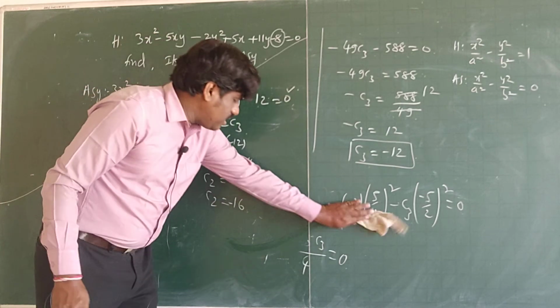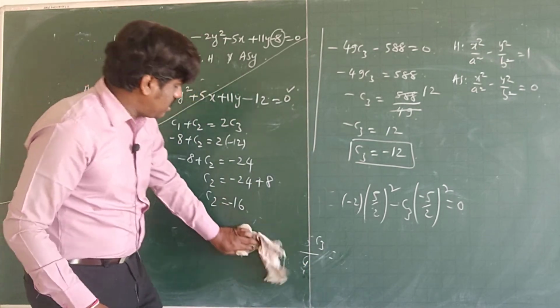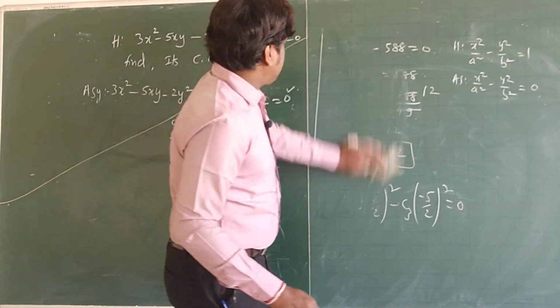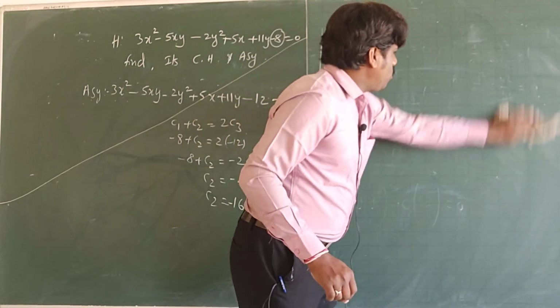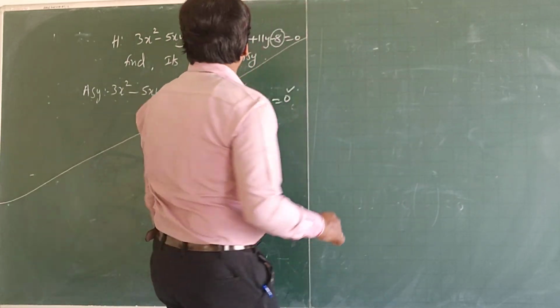So finally you got all the 3 equations. What are the 3 equations you got? So the hyperbolic equations are that.